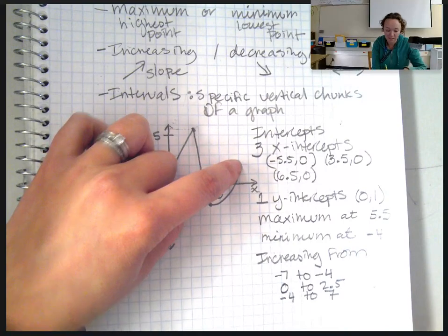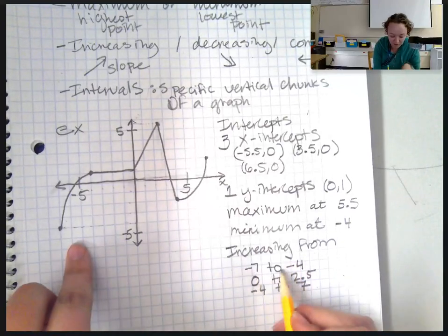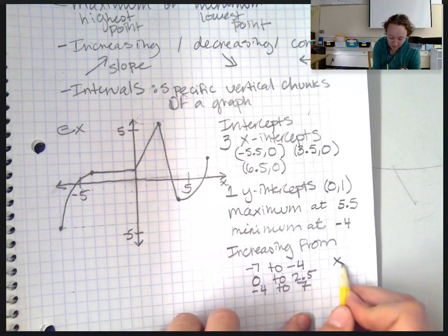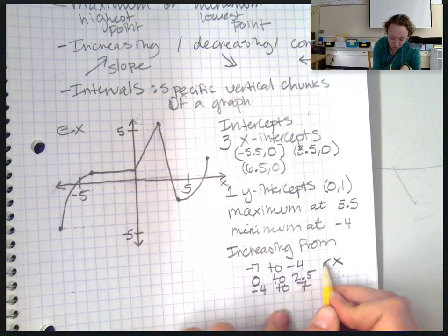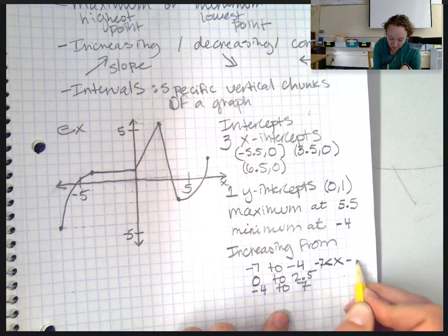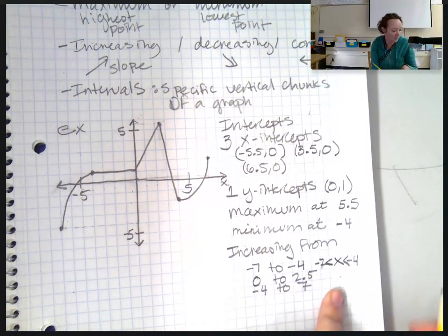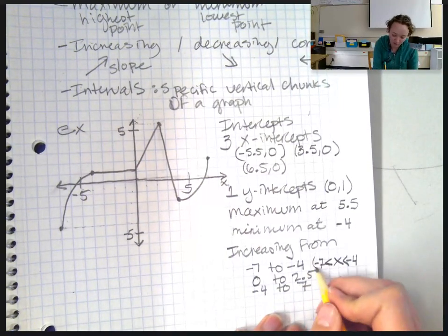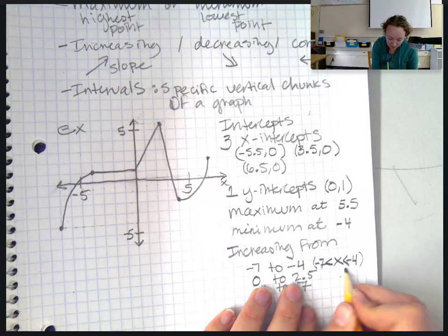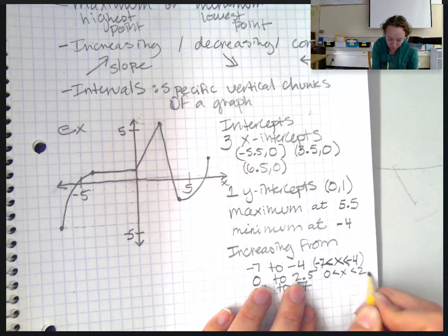You're sometimes going to see these written using inequality notation. So from negative 7 to 4, we could write that as when the x values are bigger than negative 7, but less than negative 4, right? That's like an alternative way to write that. We could say that the x values are bigger than 0 and less than 2.5.